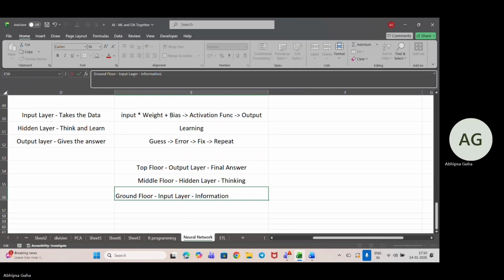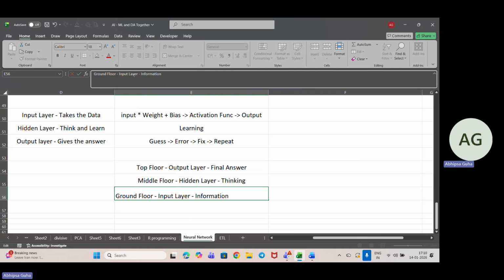Now, how does the information move? It enters from the ground floor, goes floor by floor accordingly, and comes out as an answer at the top floor. So this is how my neural network actually thinks.